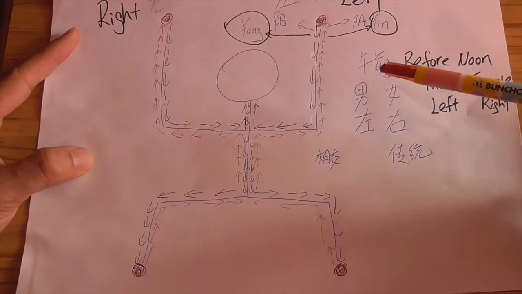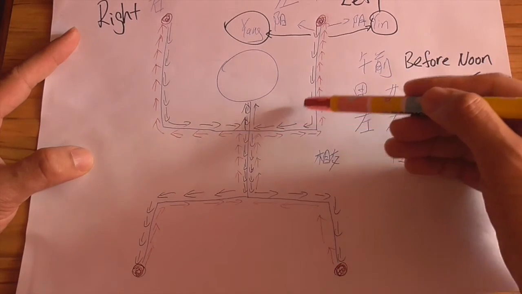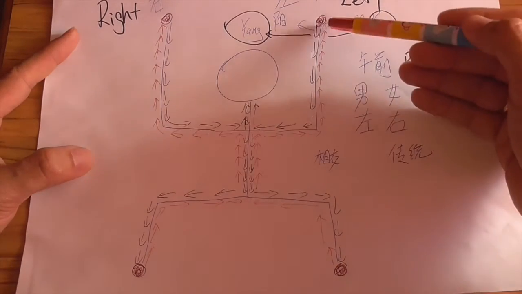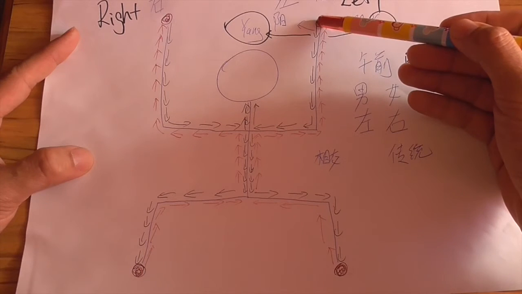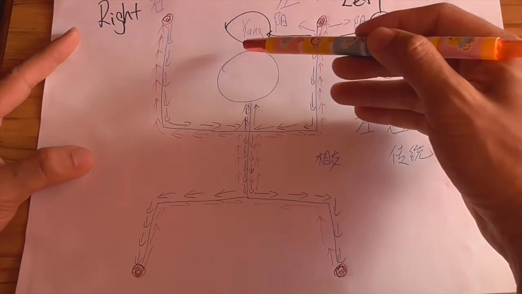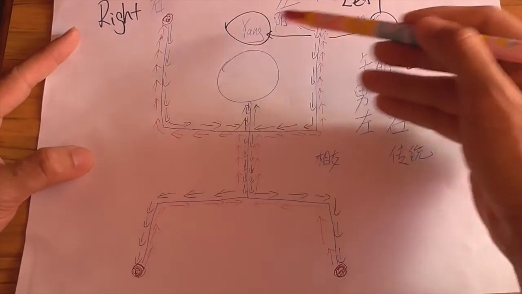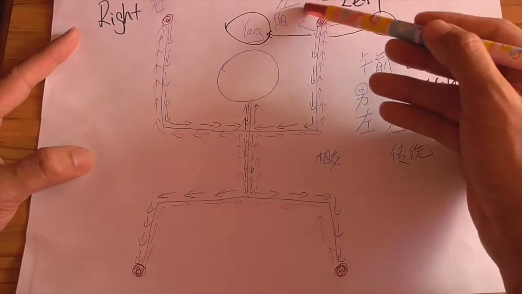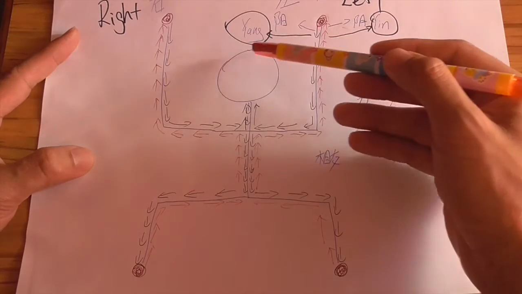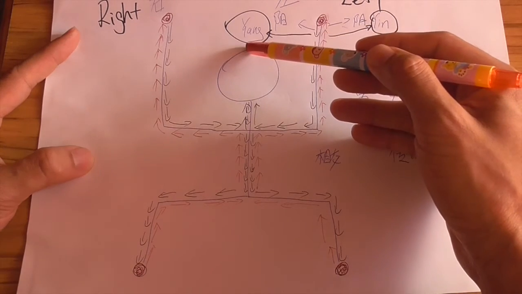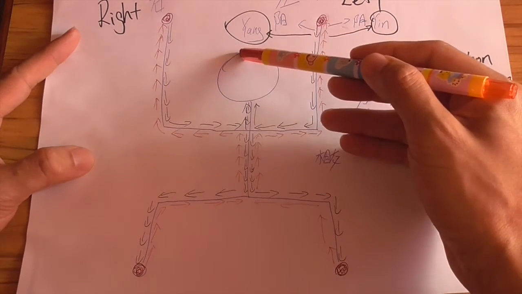now we all know yang meridian, hands are higher than the head. So the position here compared with the head, hands are above the head.